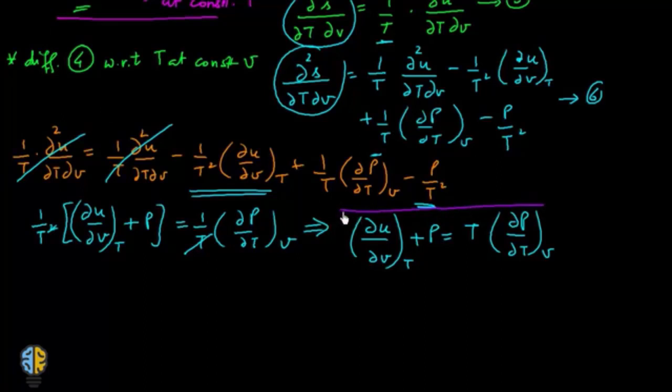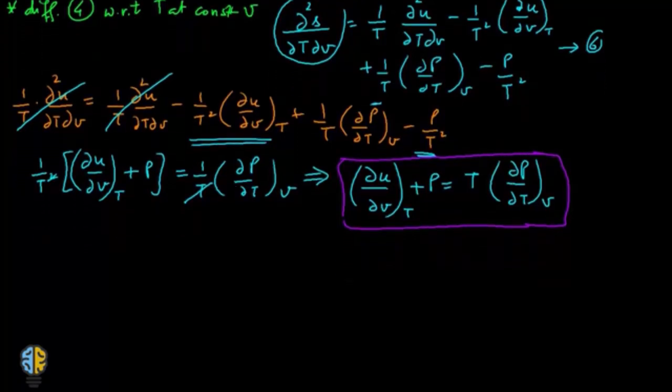So this is the result that we get after the comparison of these equations. Now if you talk about an ideal gas, for an ideal gas we have this equation, PV is equal to RT. Now let's differentiate it at constant volume with respect to temperature.